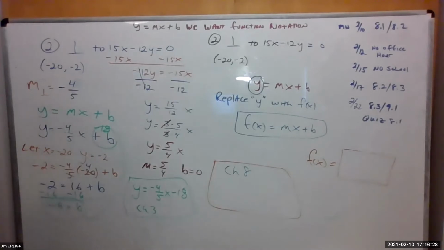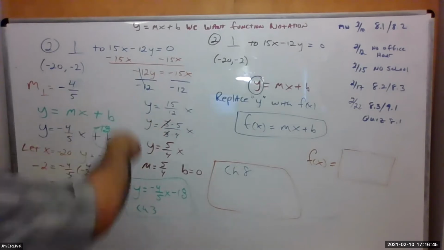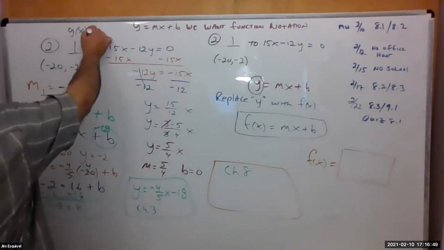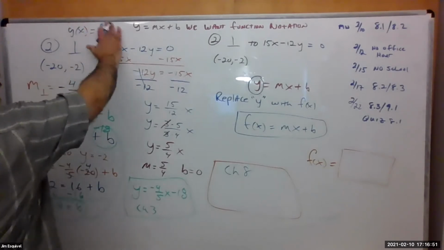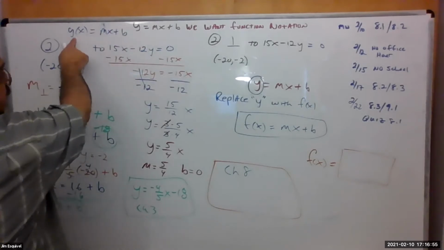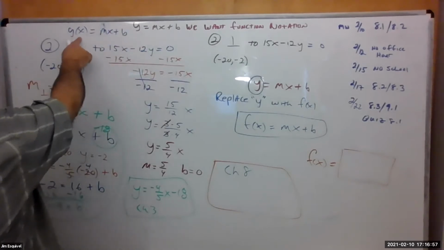Now, you got to make sure you read directions, because I can also say, write the equation or find the function g of x for a perpendicular line to this line. So I might say in the directions, what is g of x equal to mx plus b? Or h of x.